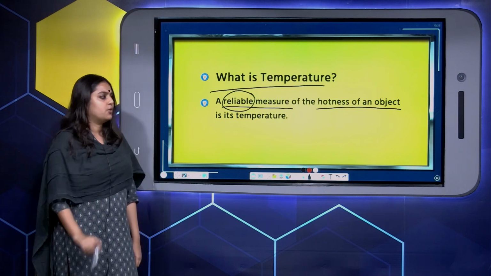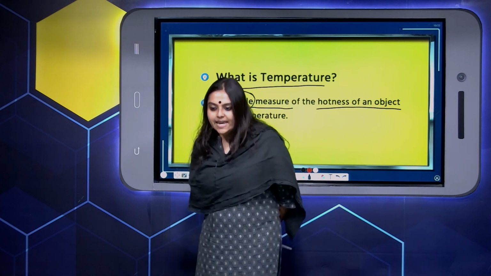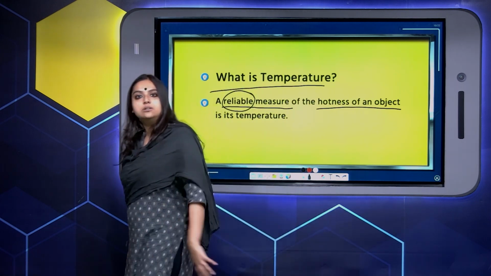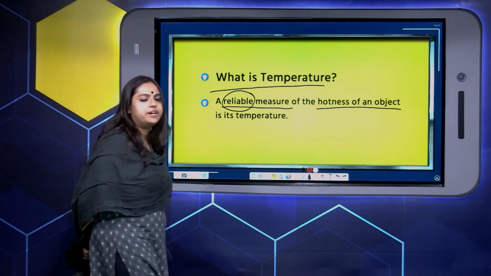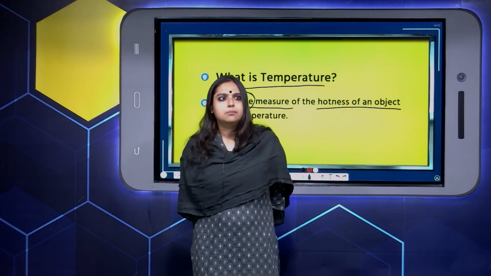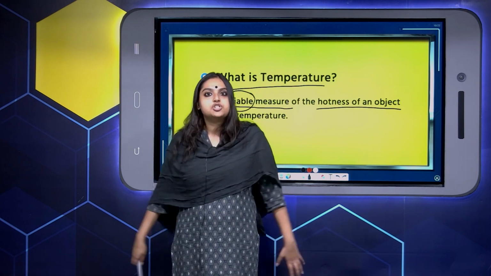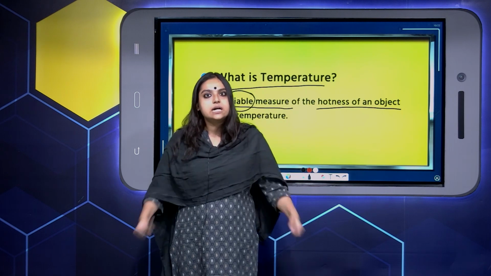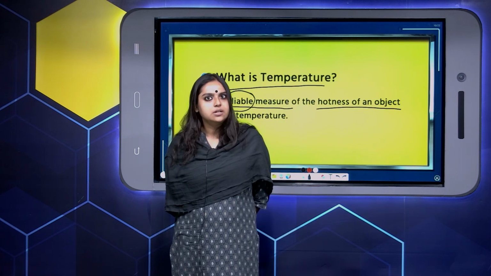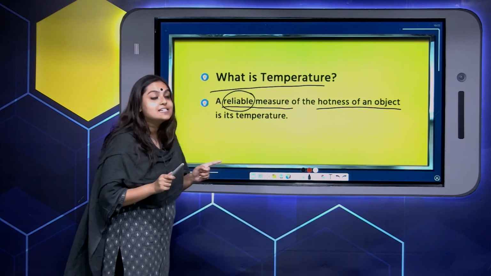Okay, I'll give the same example once again. Think you have fever, right? Now when you have fever, you feel very shattered and bad. How do you measure how much heat your body has?